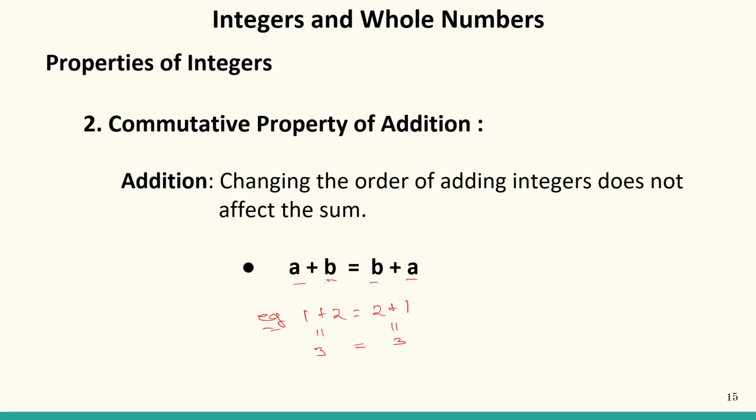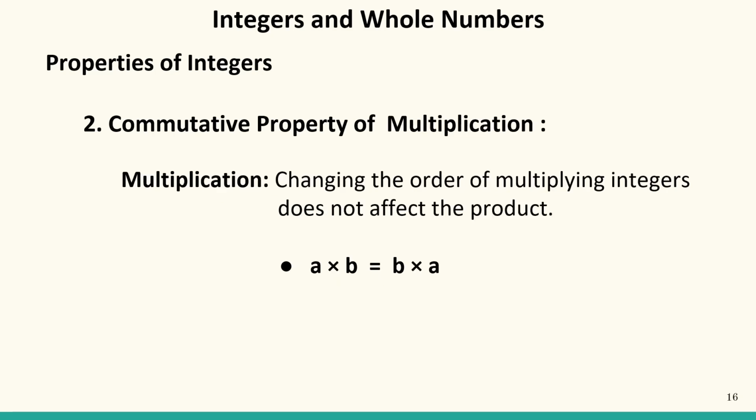Let's see the part where the commutative property of multiplication comes. Changing the order of multiplying integers does not affect the product. If we multiply 1 with 2, we get 2. And if we multiply 2 with 1, we get 2.